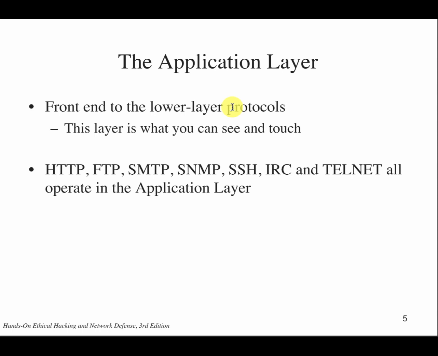The first thing that we face when we start working, okay? This is, generally speaking, what you can see and touch as a user. These examples, for example, are simple things such as the hypertext transfer protocol, and FTP protocols that allow you to send files back and forth between client and server, and etc.